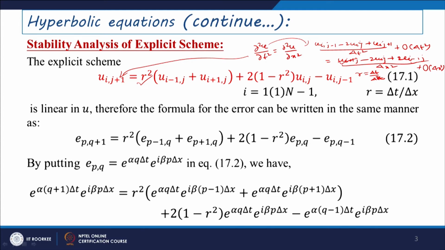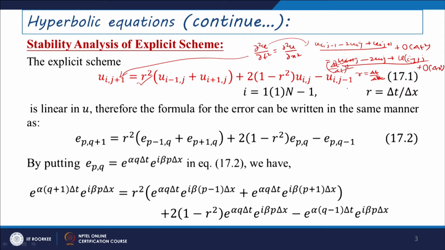Since del t square can be taken out, and del t by del x whole square is written, we can write these terms in this form. So, this is written as r square into u i minus 1 j plus u i plus 1 j, plus 2 into 1 minus r square u i j, minus u i j minus 1, with i varying from 1 to n minus 1.